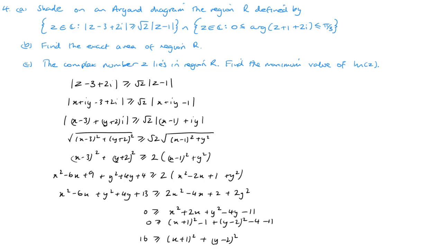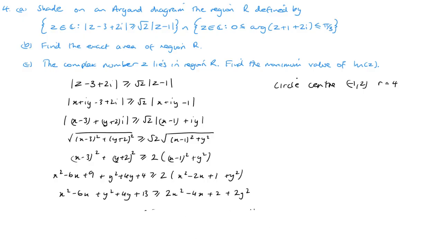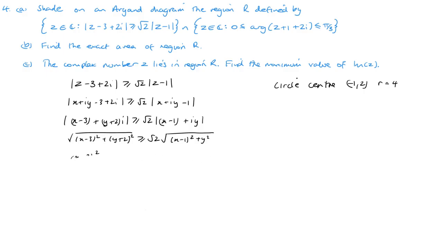So we've got a circle, centre (-1, 2), radius 4. So let's rub all of this out because we don't need this anymore.